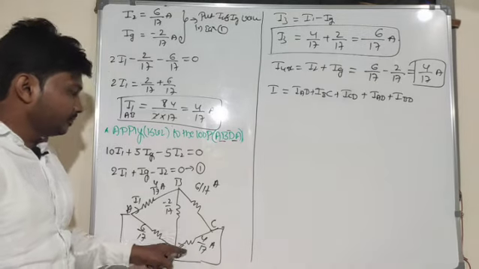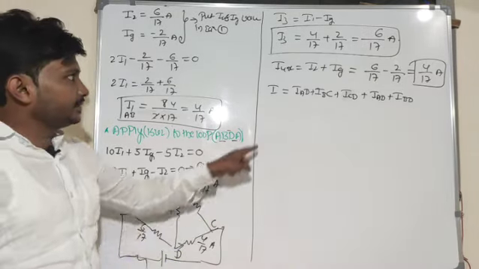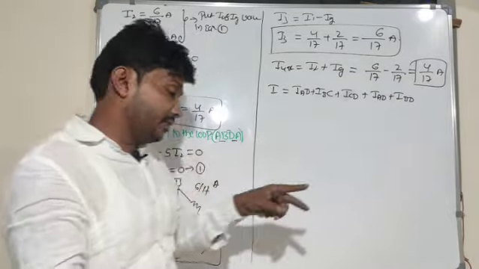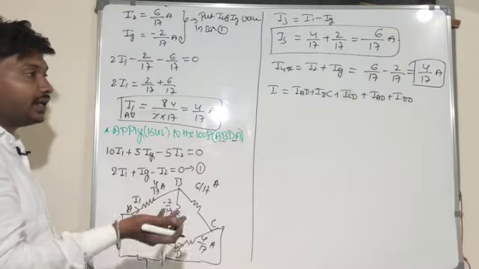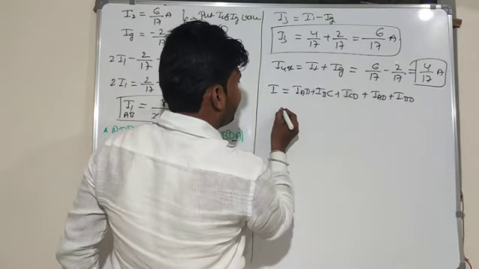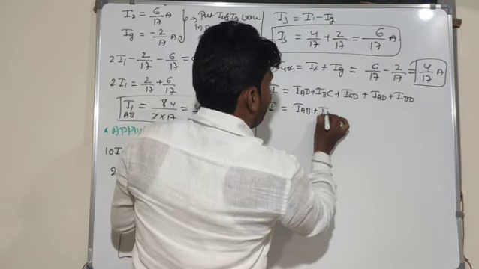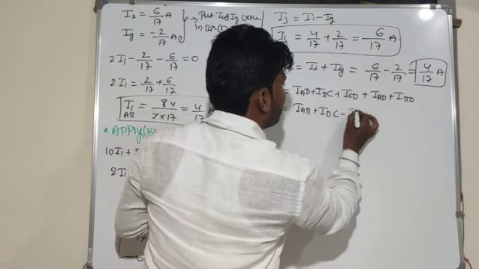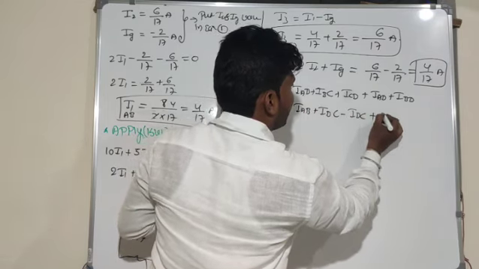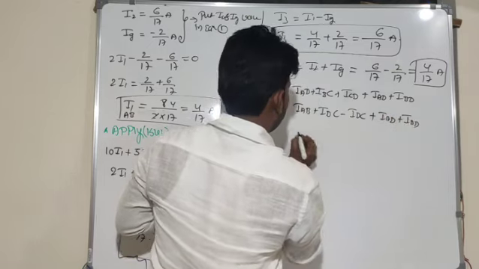Look here, the current is from D to C, and D to C is 4 by 17. C to D means reverse direction, so I take it as minus of D to C. I is equal to A to B, B to C, minus I of D to C, plus I of A to D, plus I of B to D.